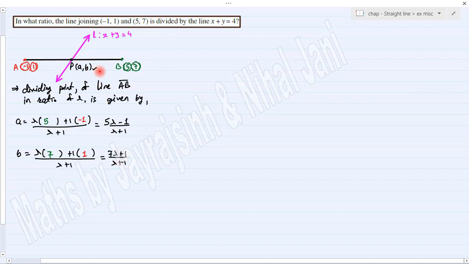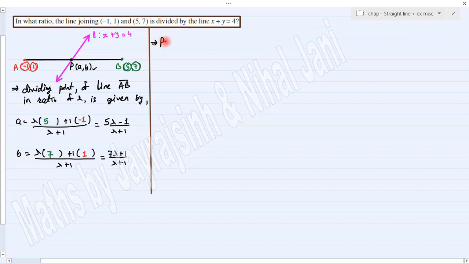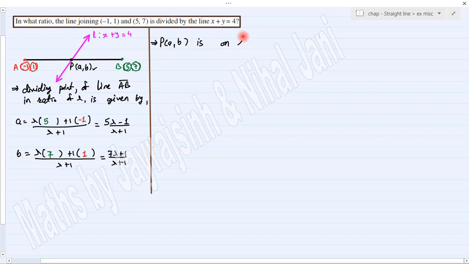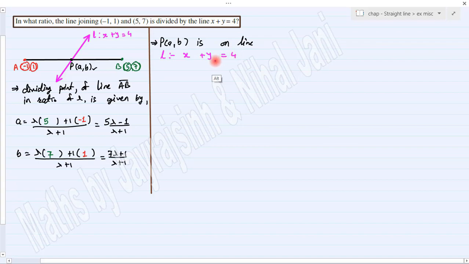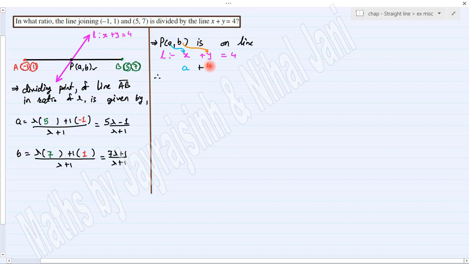So we get point B. Now we know that point P is on line L having the equation x plus y is equal to 4. So it must satisfy its equation. So let's place the x coordinate instead of x. So we'll get A plus, with the y coordinate instead of y, we'll get B is equal to 4.